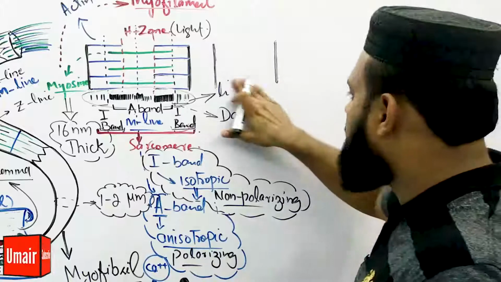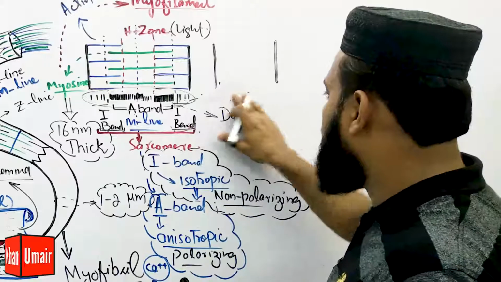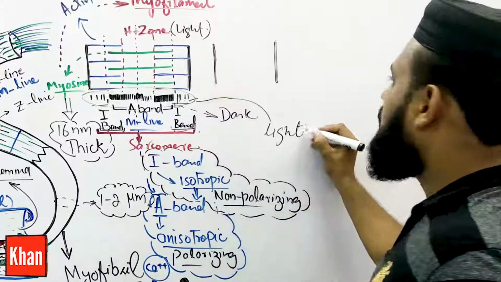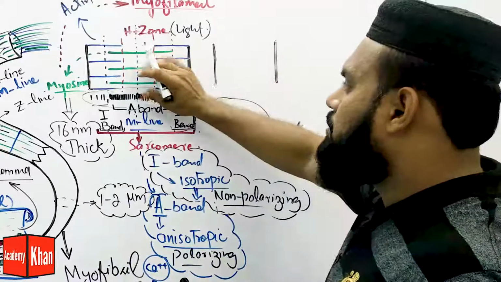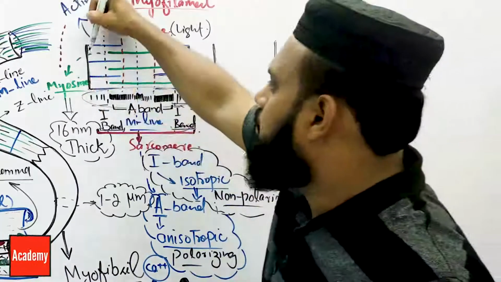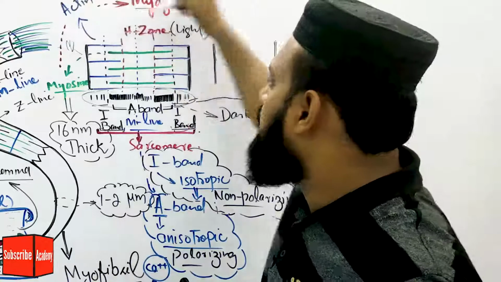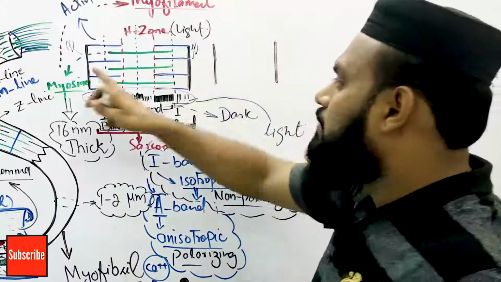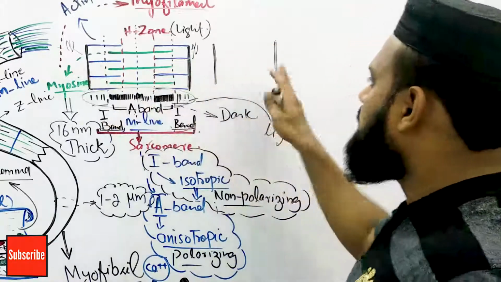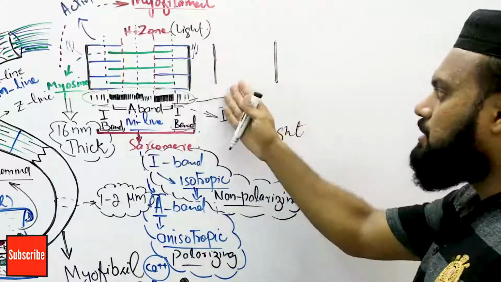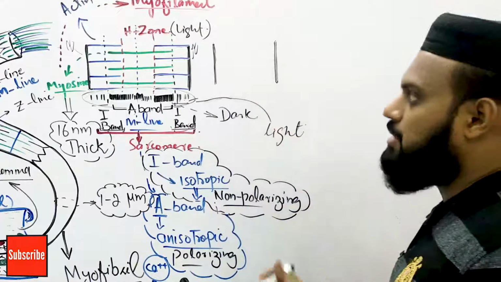I'm going to erase it lightly and just write it here, so as not to distract. Now you can observe that this is a Z line and this is also a Z line, which were far apart, but now I have made both Z lines closer to each other.